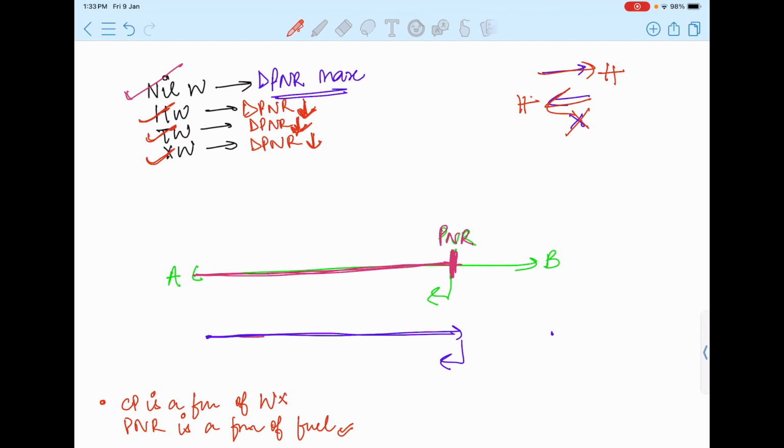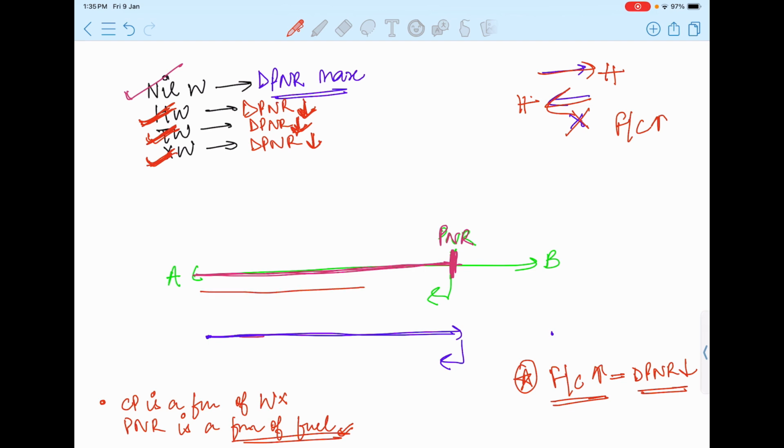But in PNR, as it is a function of fuel, when you get headwind, tailwind or crosswinds, your fuel consumption increases. And it is also an important point, when your fuel consumption increases, obviously you will be traveling a lesser distance. The increase in the fuel consumption reduces the distance traveled. And this is what is happening here. So as the fuel consumption in these three winds increases, the distance to PNR reduces.